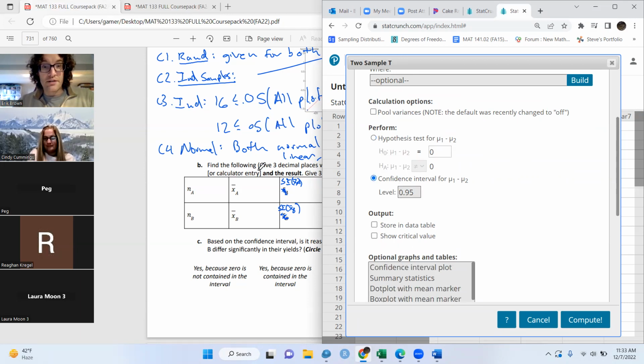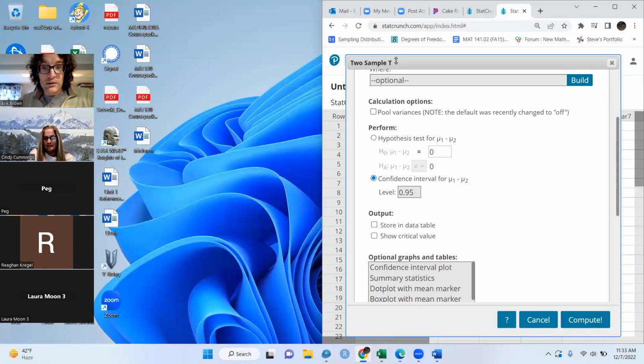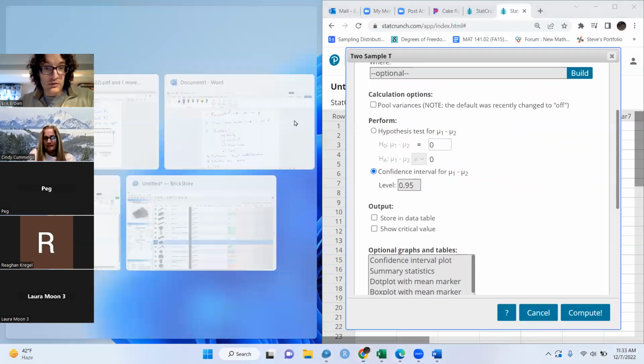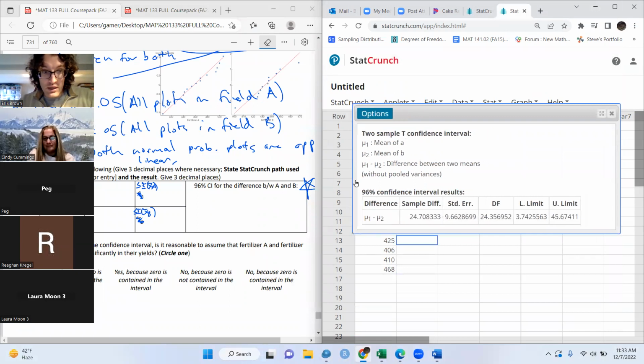We are doing a confidence interval because it says 96% CI right here. That's our key. That's the question we're answering. And this was a 0.96. So we're computing that. Did you all get this?